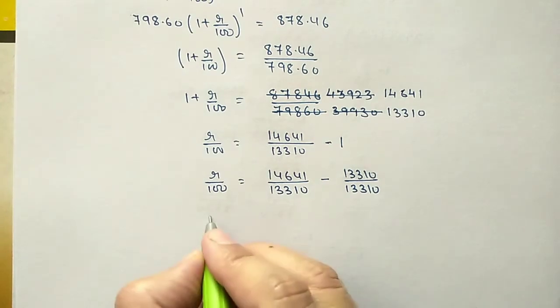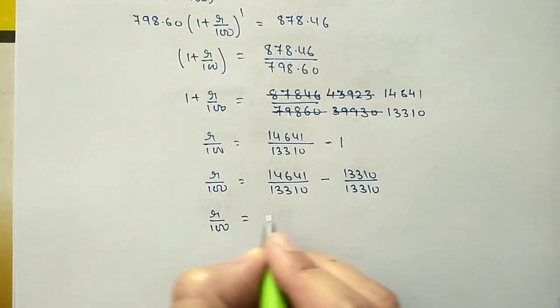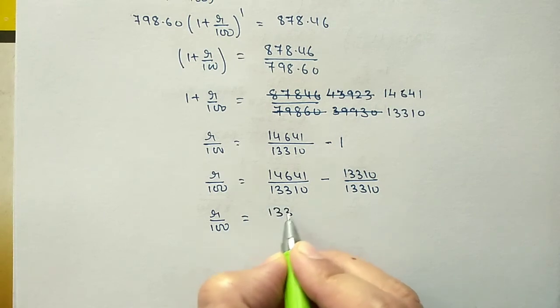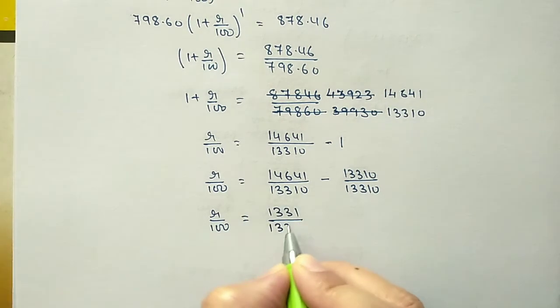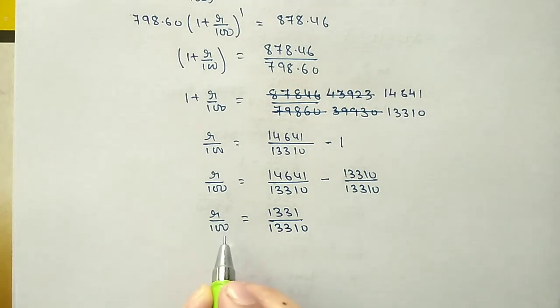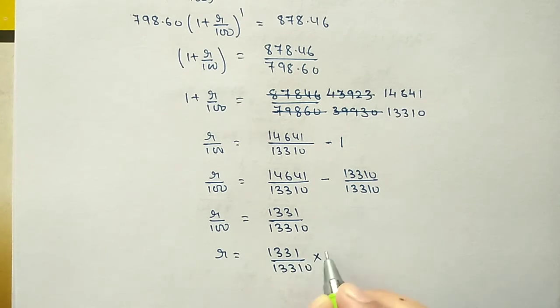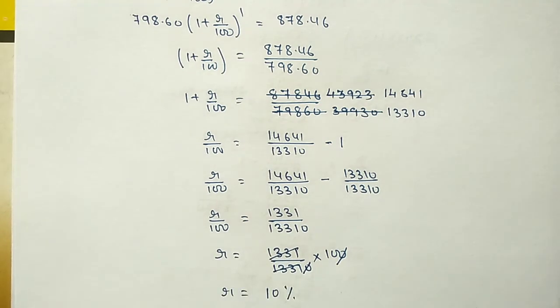After subtraction we will get r by 100 is equal to 1331 divided by 13310. This 100 we also shift to the other side. 10 we can cancel out and this will cancel out. So r will be 10%.